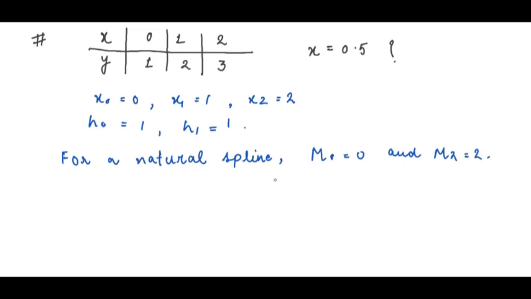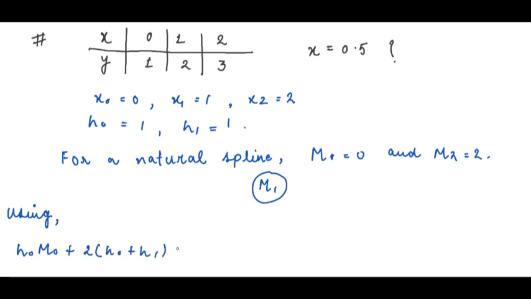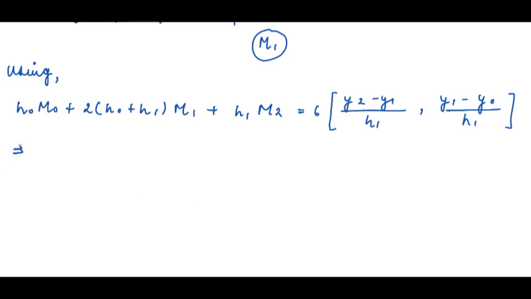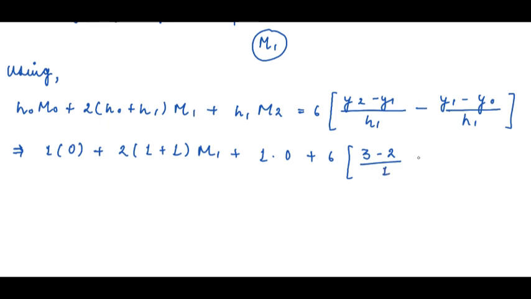And using the condition h0 m0 plus 2(h0 + h1) m1 plus h1 m2 equals 6 times [(y2 − y1)/h1 − (y1 − y0)/h0], we obtain 1 into 0 plus 2 times (1 + 1) m1 plus 1 into 0, which equals 6 times [(3 − 2)/1 − (2 − 1)/1]. Therefore, 4m1 becomes 6 times (1 − 1), which is 0.